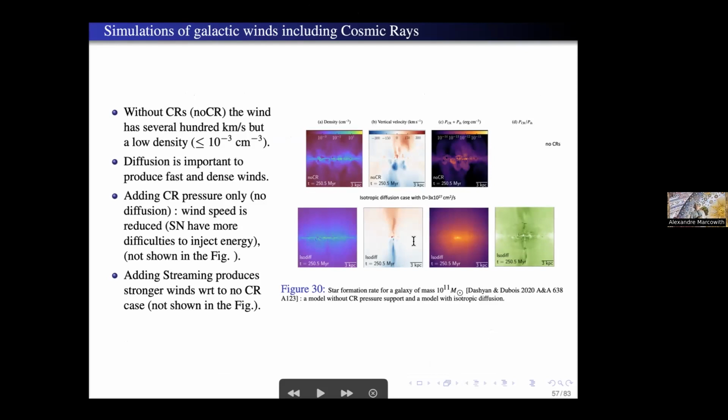And so you see clearly a difference, right? By eye, you can see. And you see that basically adding cosmic rays produces faster and denser winds. That means that likely cosmic rays will participate in lowering the star formation rate. Okay.